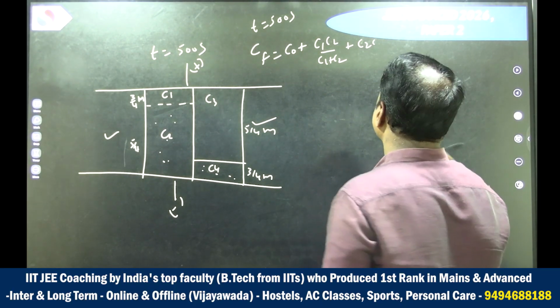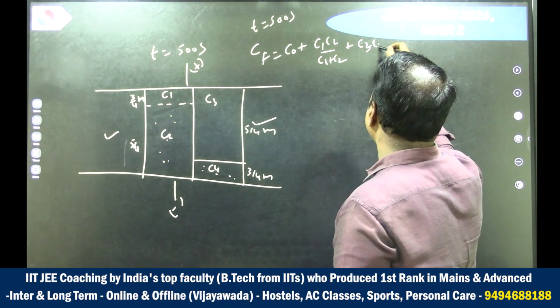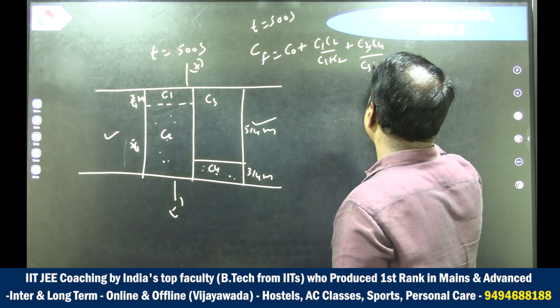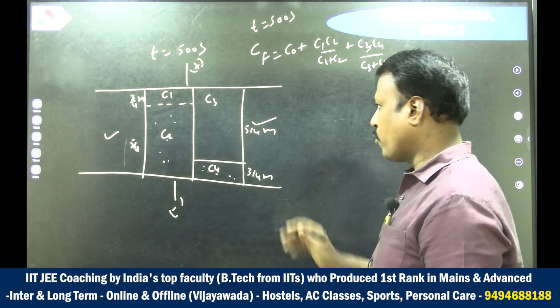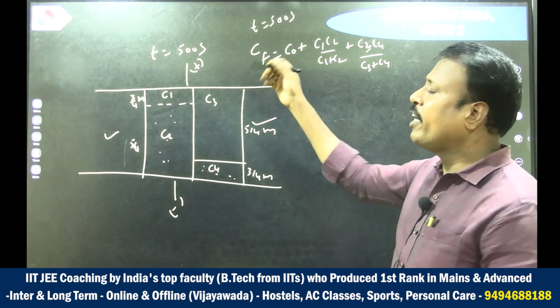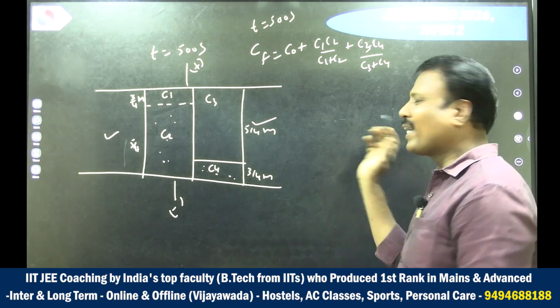Next, C3 C4 by C3 plus C4. The important point is we need to find C1, C2, C3, C4 clearly.